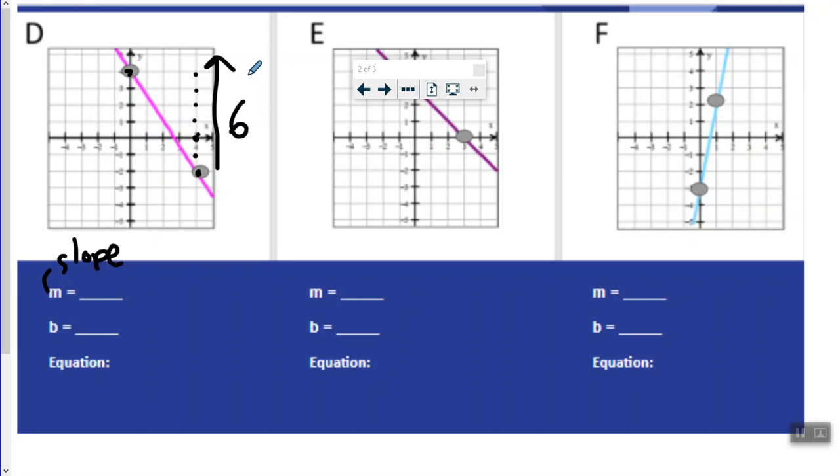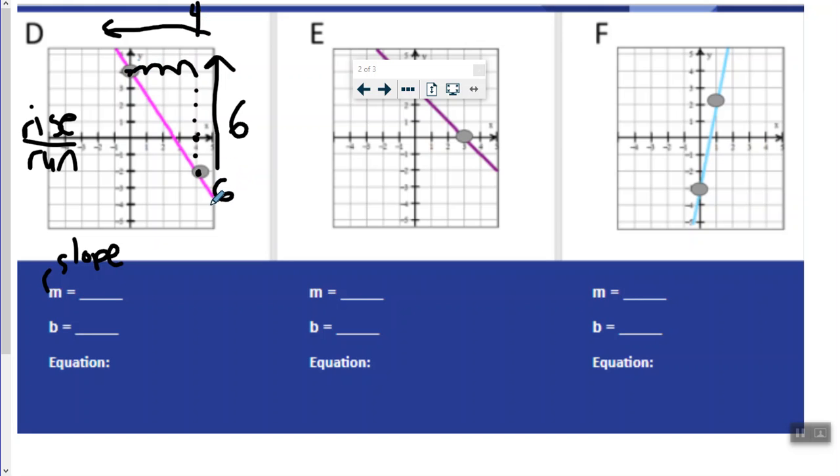My rise was up by 6. And now I need to do my run. Remember, slope is rise over run. Okay, let's start here and count to the left. 1, 2, 3, 4. I went 4 spaces to the left.